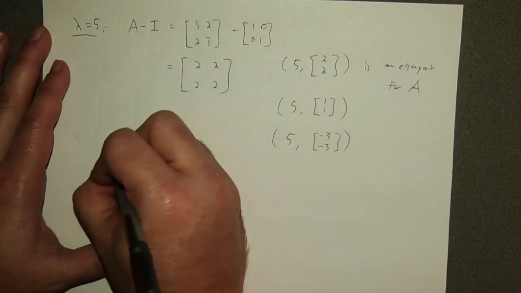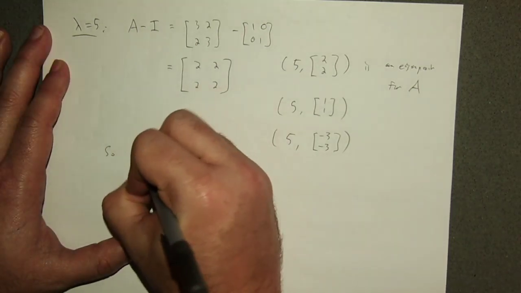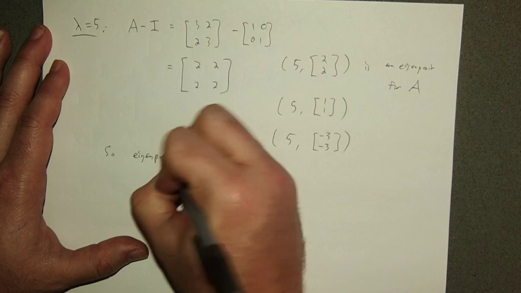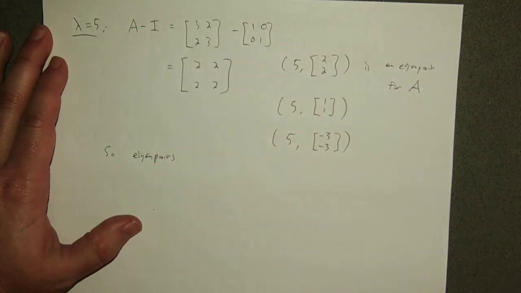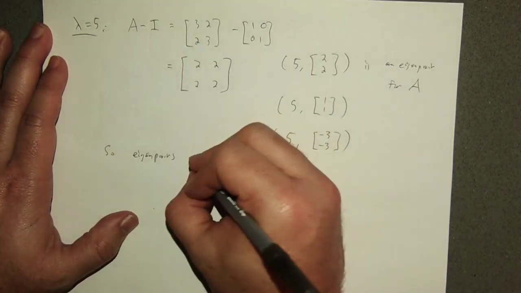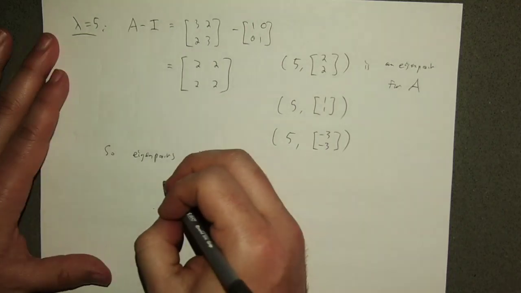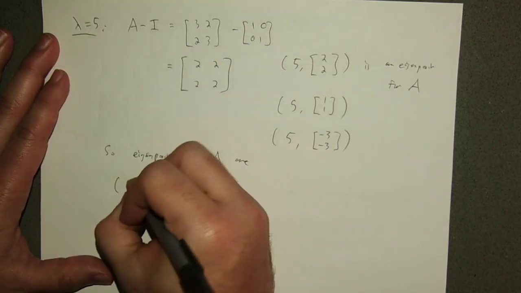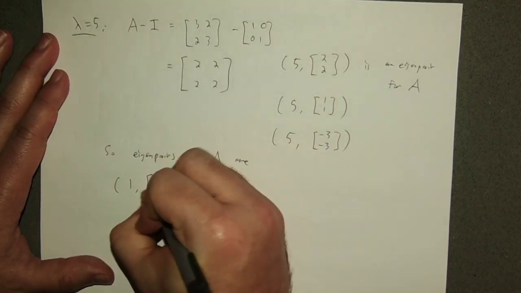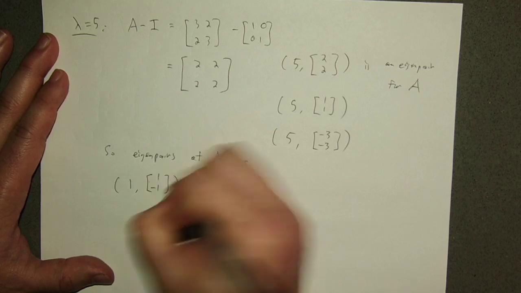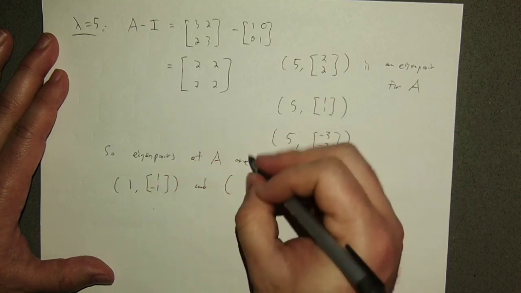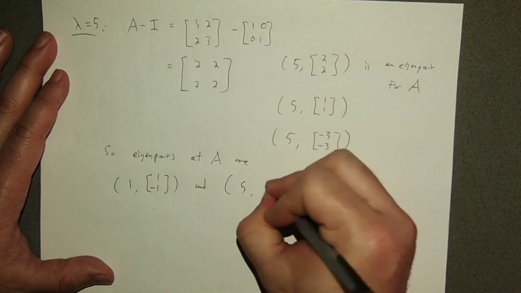So we want to form exhaustive eigenpairs. That is, we want to find an eigenpair associated to every eigenvalue of A. So eigenpairs of A are, for this example, (1, (1, minus 1)) and (5, (1, 1)).